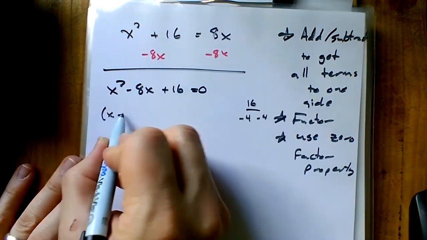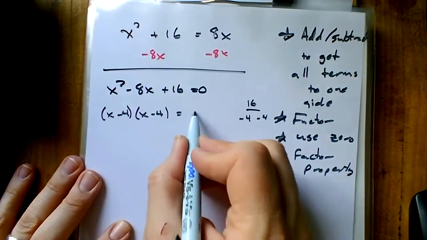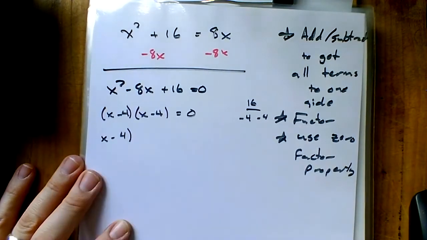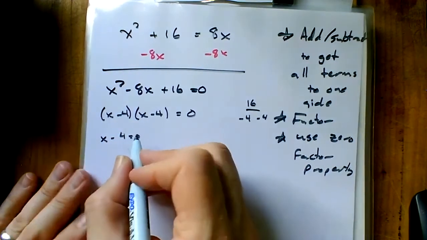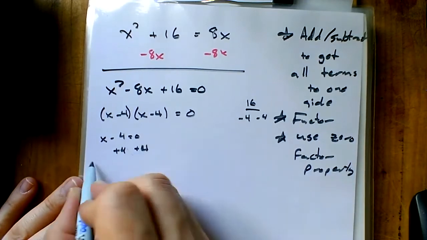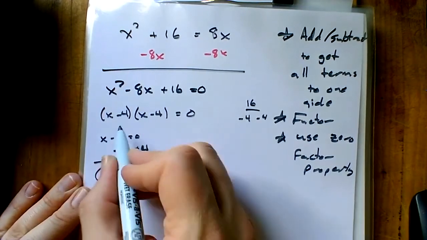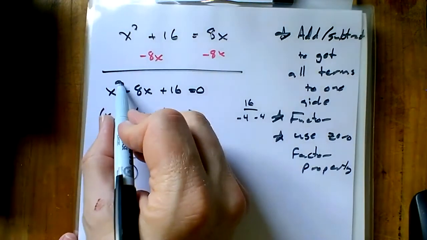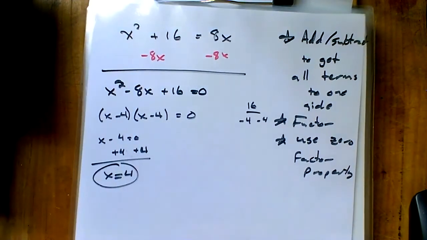So x minus 4 times x minus 4, or you might see it, that's x minus 4 squared is equal to 0. I'm going to end up with just one answer here. x is 4, because both of these are the same thing. So I can have up to 2 answers here, but we've only got one.